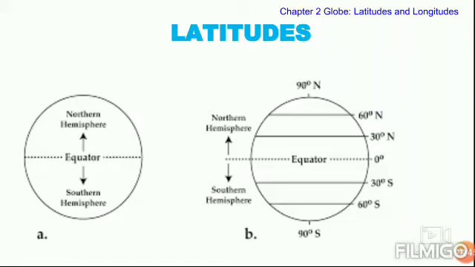Now come back to the second picture. Just be very clear. All the latitudes lying in the northern hemisphere are the north latitudes, and all the latitudes lying to the south of the equator or in the southern hemisphere are the south latitudes.